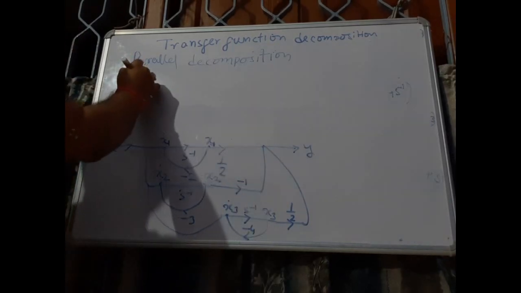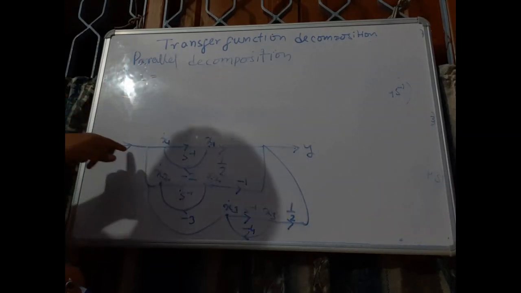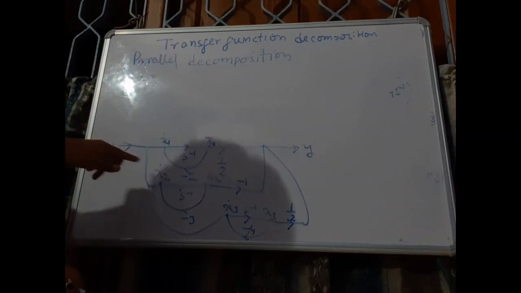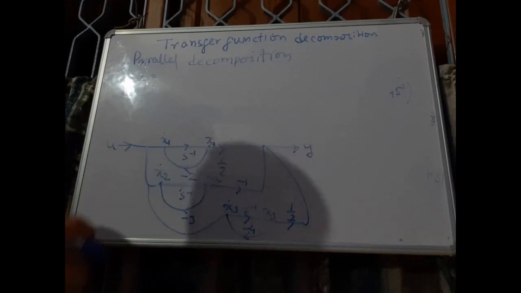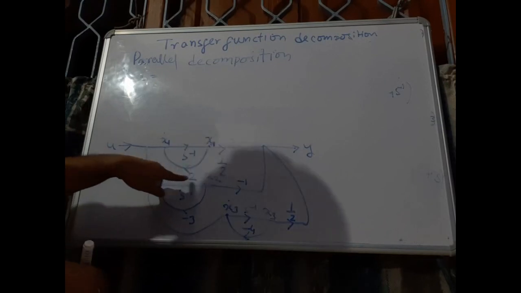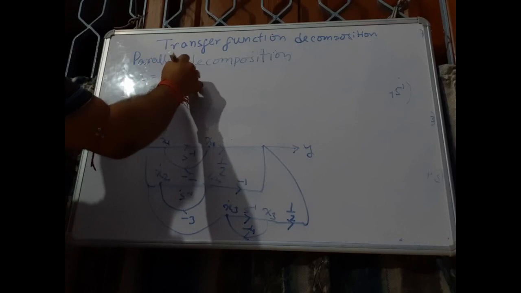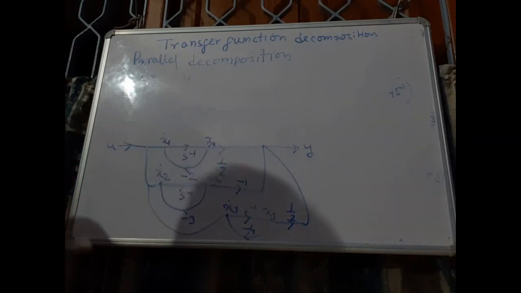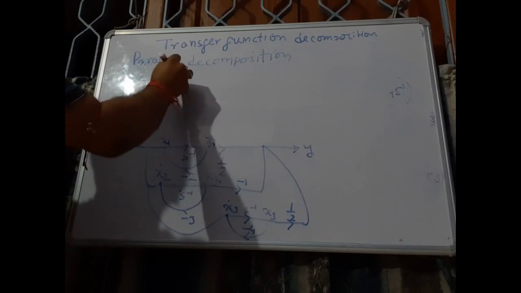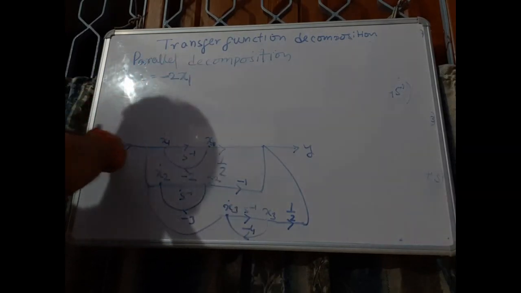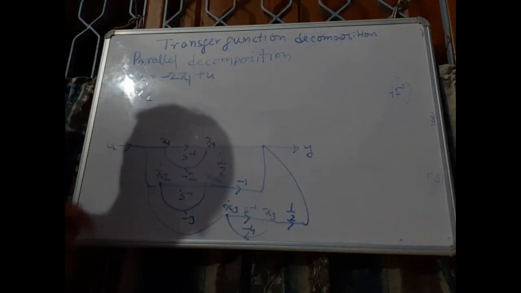So what we have, x1 dot is equal to minus 2x1 plus u. x2 dot, what is x2 dot?